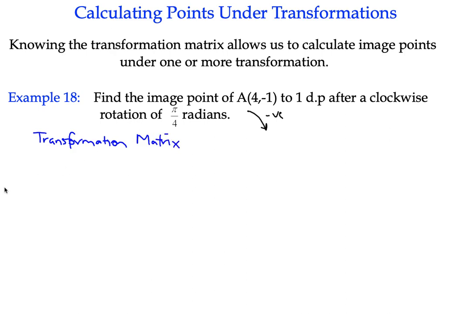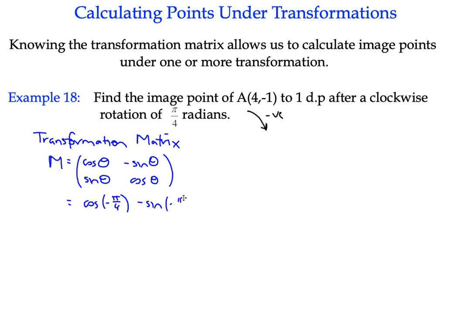We'll say M is equal to, well, we know that it's going to be a rotation, so we're going to write down our formula: cos theta, negative sine theta, positive sine theta, cos theta. And that's our general rotation matrix. We know that we have a rotation of pi over 4 radians, and because it's clockwise, then it becomes negative. So that's going to add a little bit of complication to it, but hopefully nothing that we can't handle.